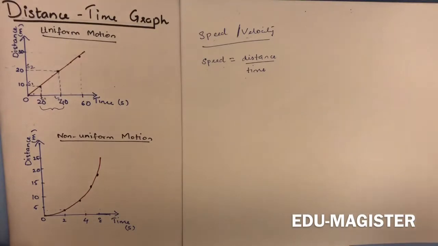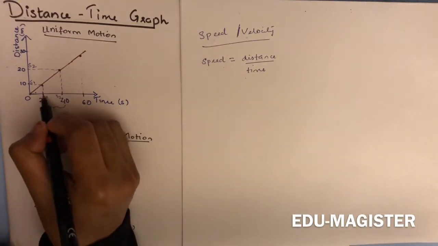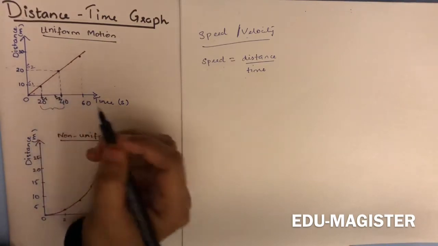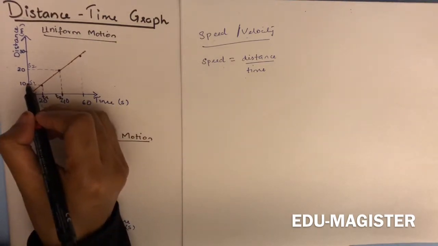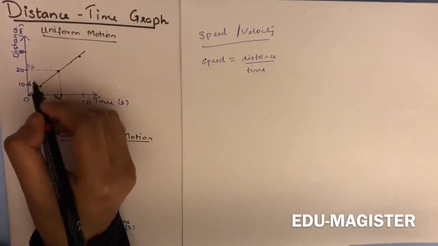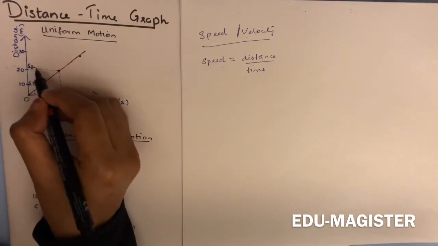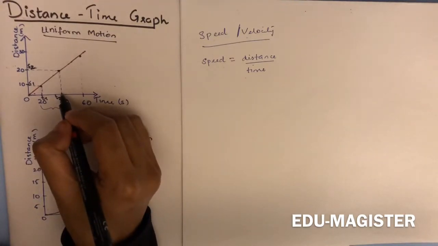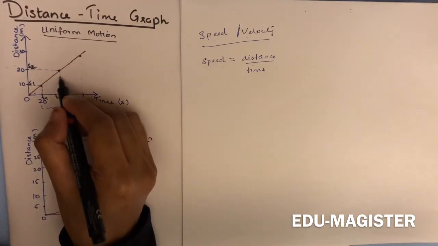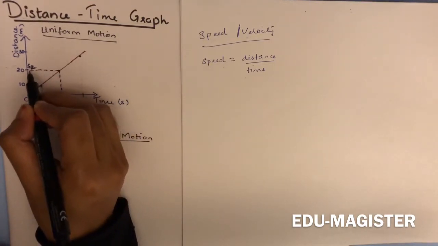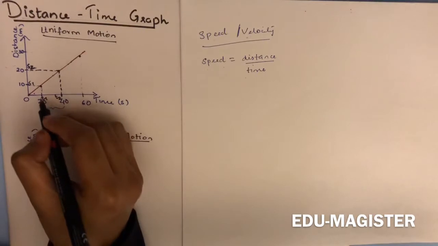I hope it is clear. This is T1, this is T2, and the distances corresponding to T1 and T2 will be S1 and S2. How will you get that? Just draw a perpendicular like this to the graph and then extend that perpendicular towards the distance axis.